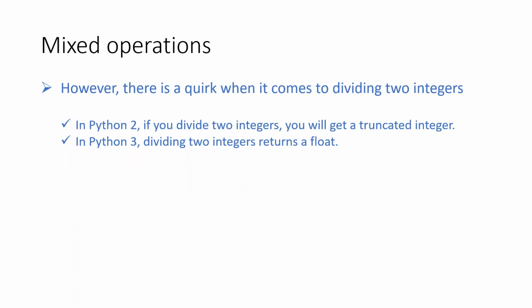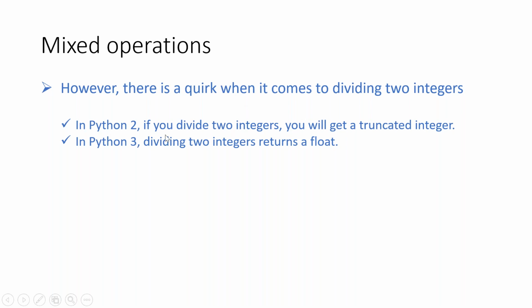However, there is a quirk when it comes to dividing two integers. Again, Python 2 and Python 3 behave a little differently. In Python 2, hope all of you have gone to Anaconda now and installed Python 3, but sometimes on your machines, Macs actually come with built-in Python 2.